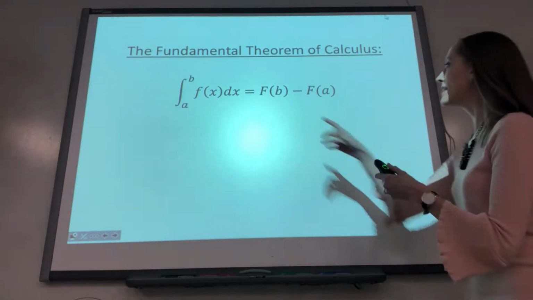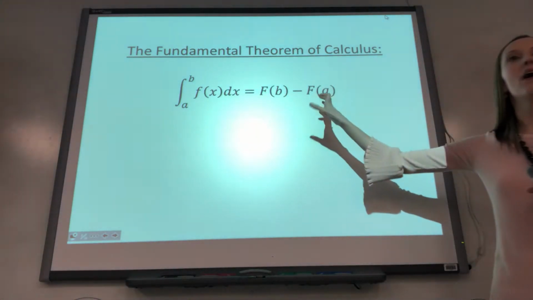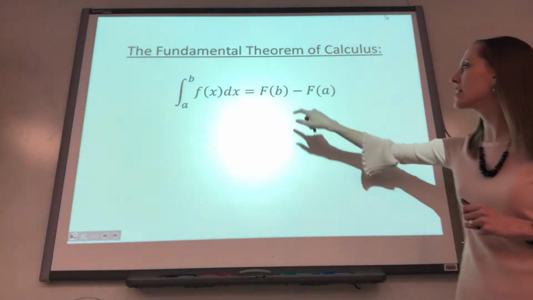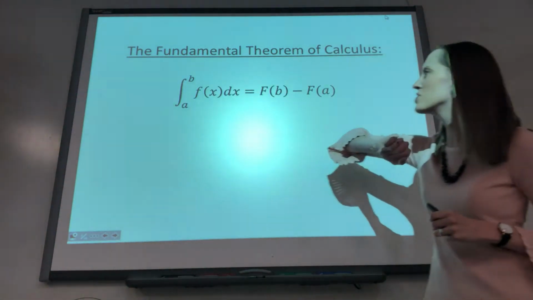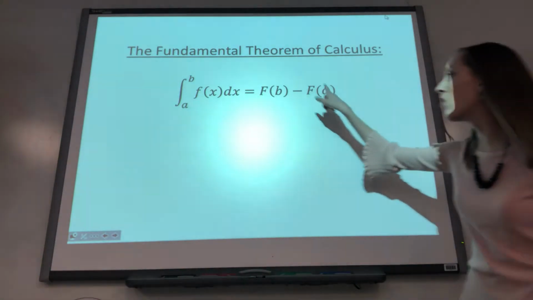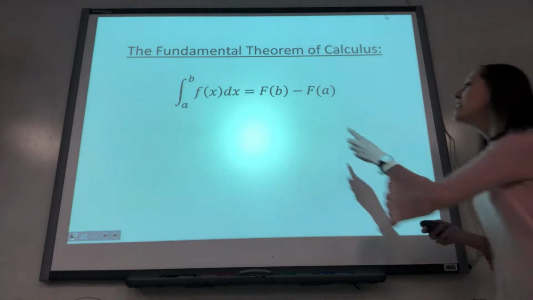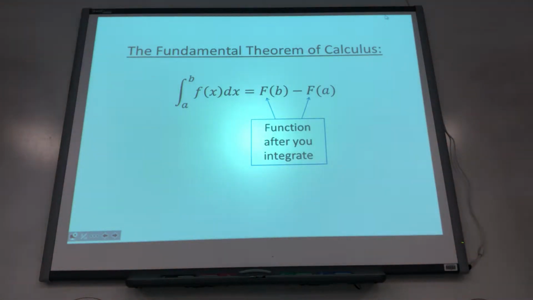Now, notice this is capitalized and this is not. So I want to make sure you know, first of all, that what they're doing right here is not just plugging in the upper bound to the original function and then the lower bound to the original function. That's not what's happening. The capital F is the function after you integrate.